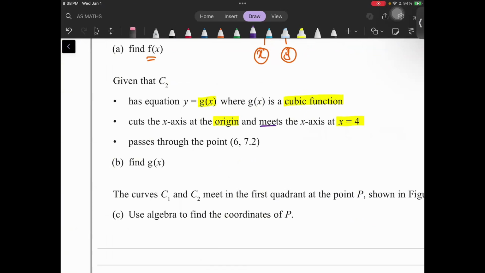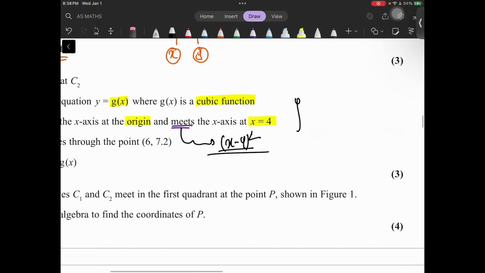As soon as you hear this term meets, it means it would be in a format like (x minus 4) whole square. Because when a cubic curve is in this format, it would just touch the axis. I mean, it wouldn't cut the axis. It would just touch the axis, because a cubic curve basically is of a formula like this, right?